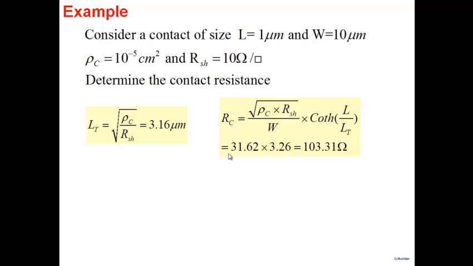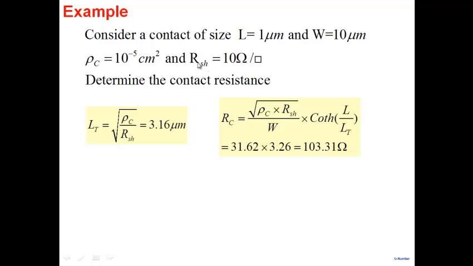Rho C divided by the overall area. That would have been 10 power minus 7, so rho C divided by 10 power minus 7 would have given you 100. This is giving you 103, a little bit higher.